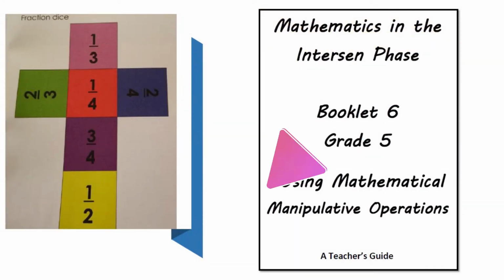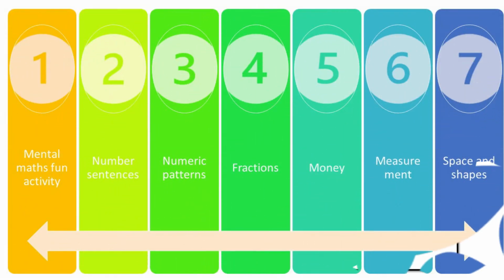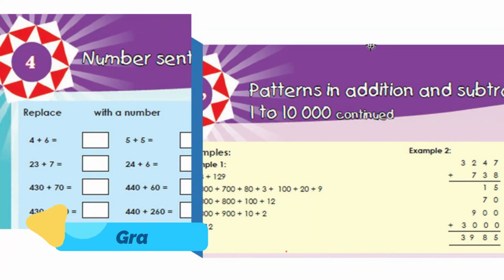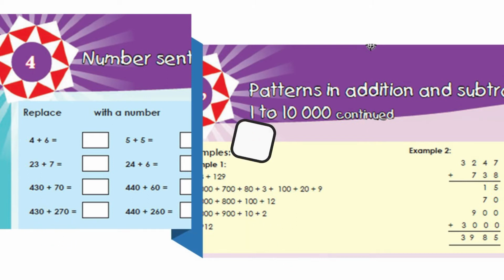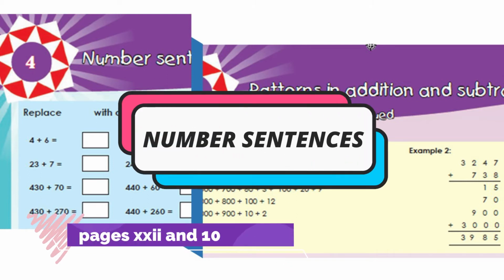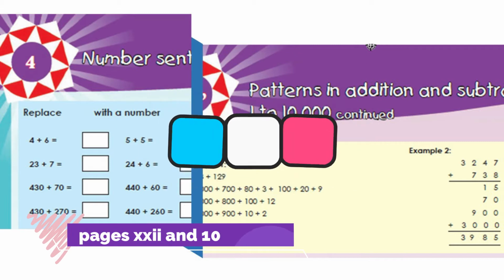Let's look at the Grade 5 booklet. The Grade 5 book contains the same topics as the Grade 4 book, but with exercises that are relevant for the Grade 5s. The Term 1 and 2 Rainbow Workbook for Grade 5 contains exercises on number sentences on revision page 12 as well as page 10.